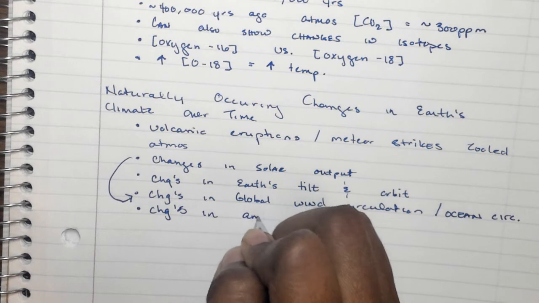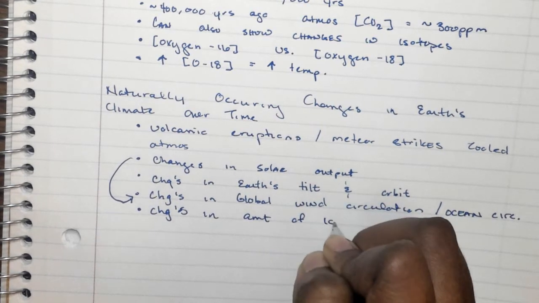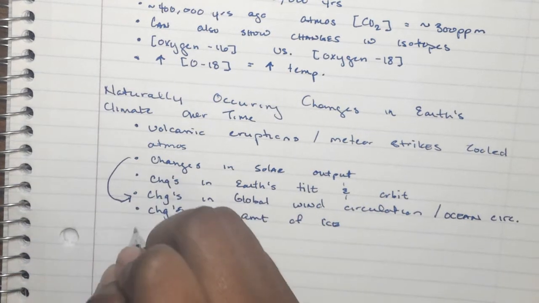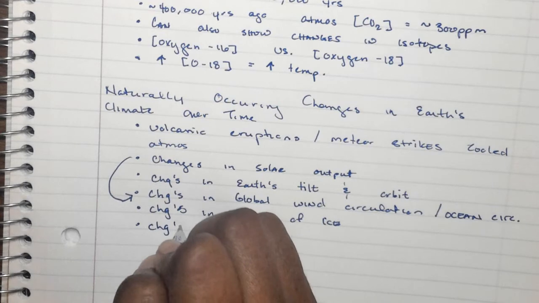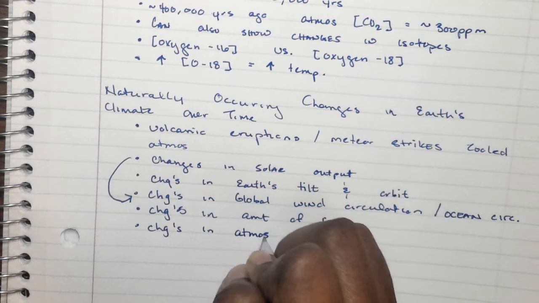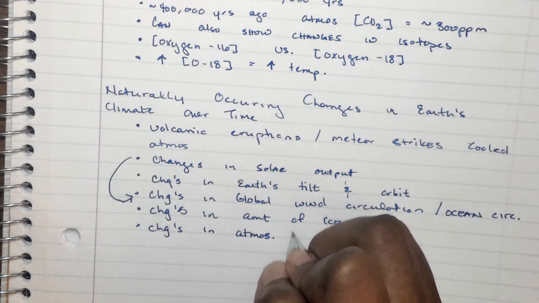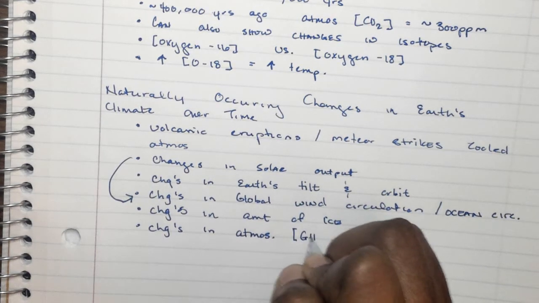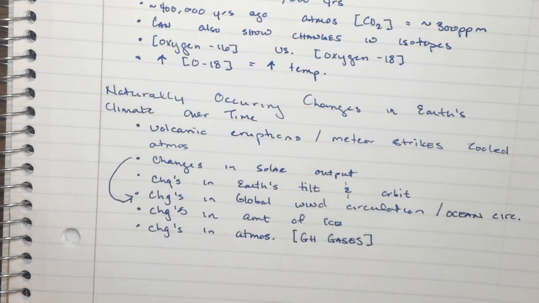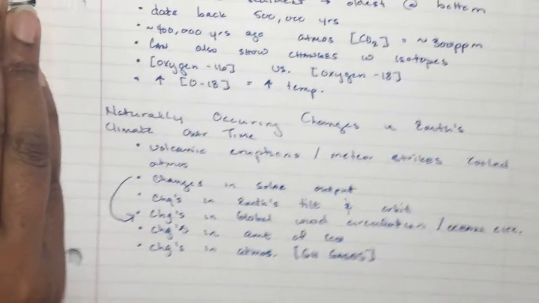Changes in the amount of polar ice, and changes in atmospheric greenhouse gases. All of this will naturally change the climate.